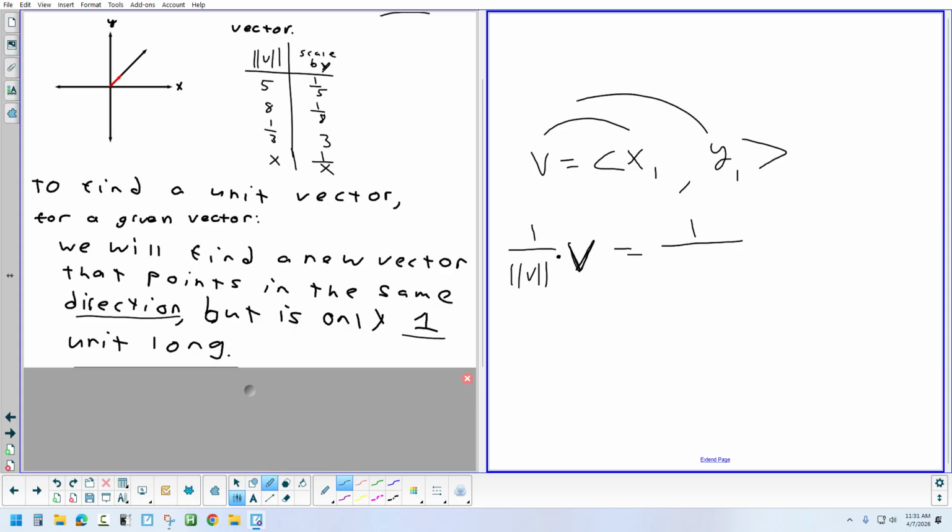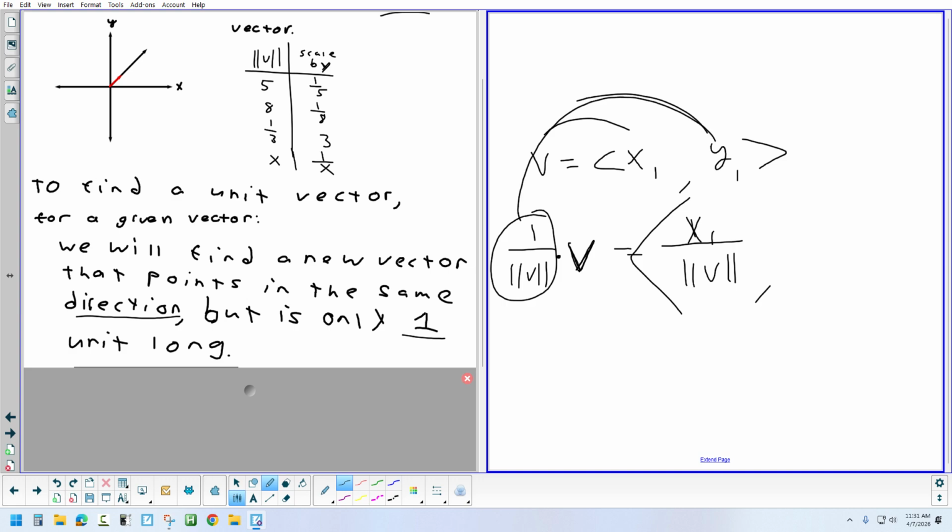So you'd have x1 over the magnitude of v, because you're scaling it by the reciprocal. So when you do that, the magnitude is in the bottom. And then do the same thing up here, multiply this to that.